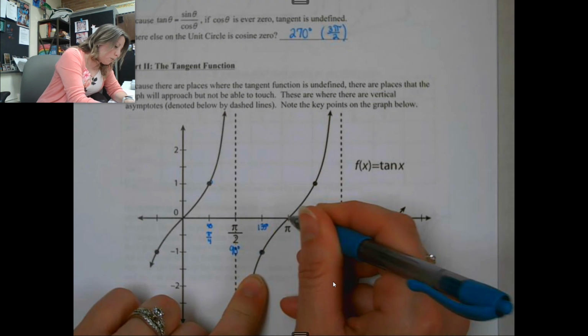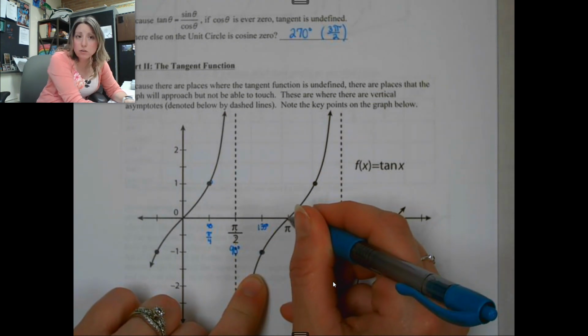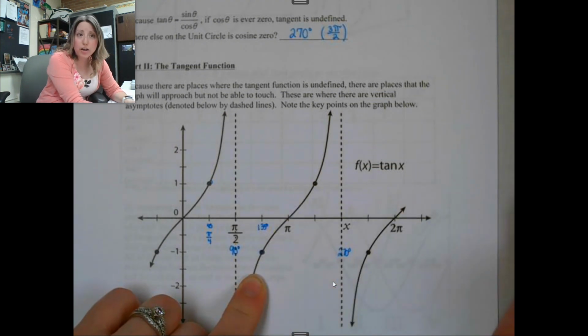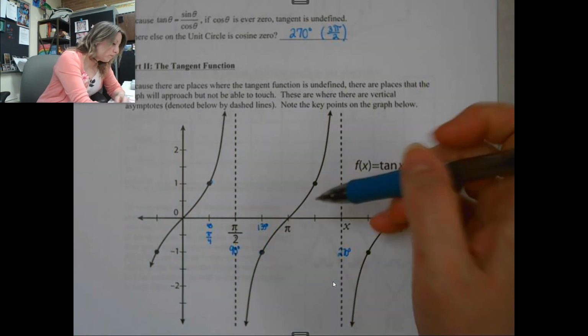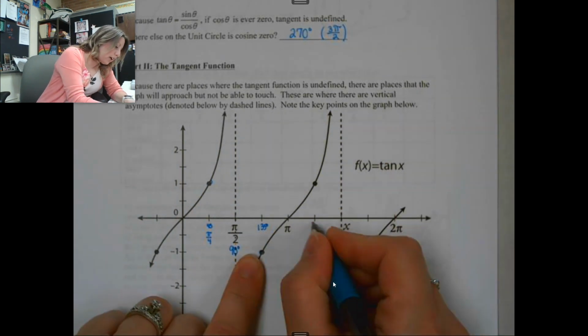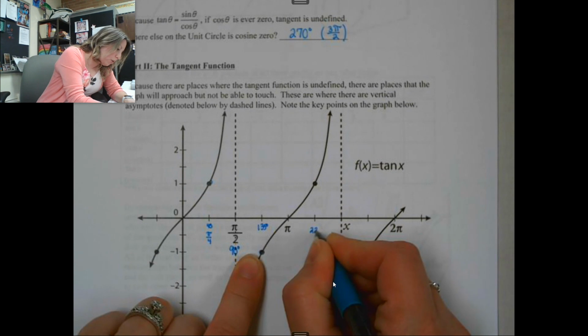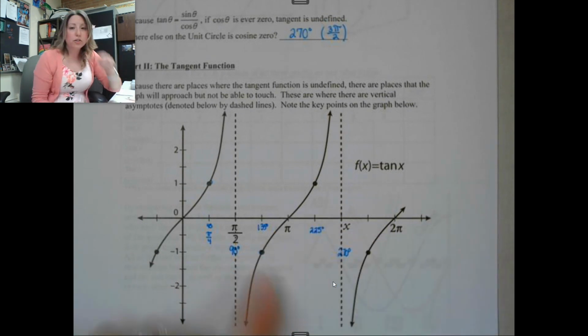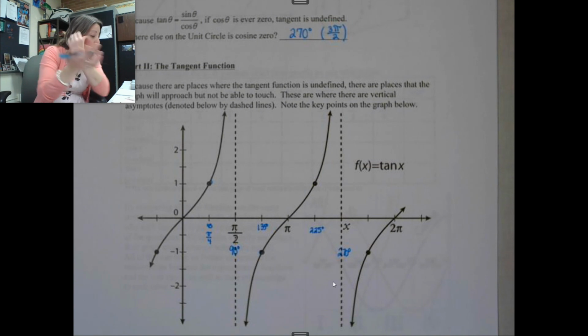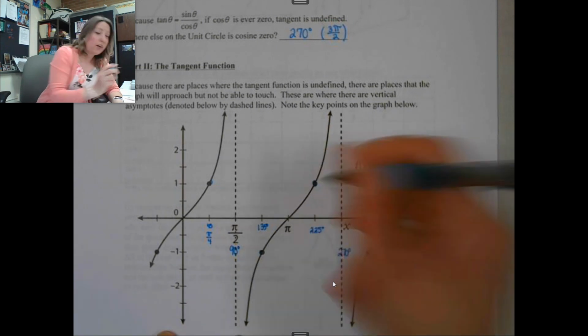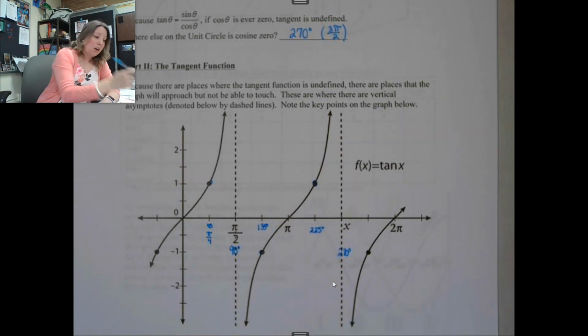Then we get to pi and we're back at 0. And that makes sense because at 180, our y value is 0. Our x value is 1. And then over here, now this guy, we're on the other side. Well, this is where the third quadrant is. 225 degrees, we're back to having a positive 1 as our matching value. And then at 270, it's an asymptote.